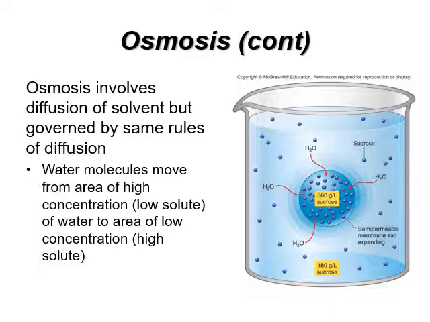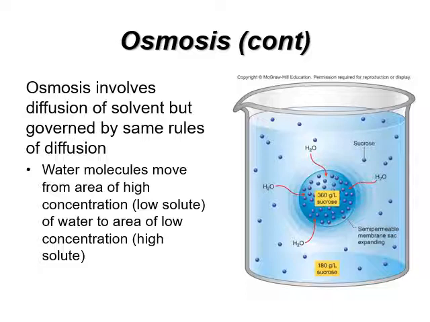The inside, the dialysis bag here, is 360 grams per liter of sucrose. The key is this semi-permeable membrane sac is not permeable to sucrose, but it is permeable to water. So water can move in and out, but sucrose cannot.